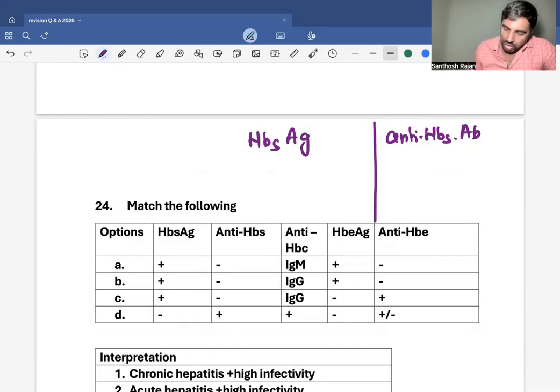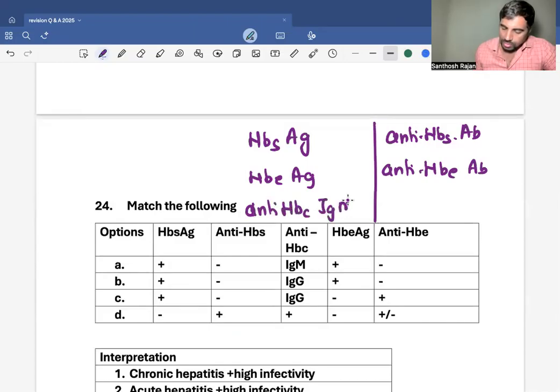The other one is the HBe antigen, or its antibody, anti-HBe antibody, right? And the last one is the core antigen, which is useless. So we usually talk about the anti-HBc IgM or anti-HBc IgG. The core antigen is useless. Okay, this is fine.